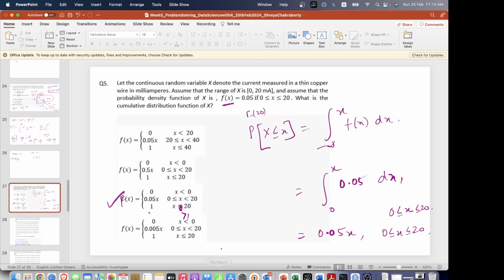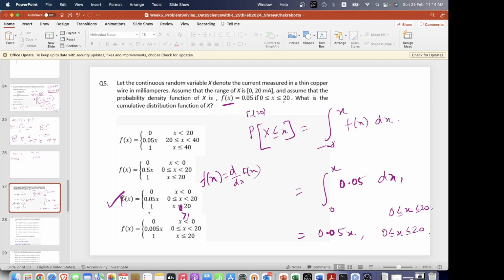And also one more workaround is that fx is d/dx of capital Fx. So that thing is also satisfied here if you see the other way around. So when x is between 0 to 20, Fx can be written as 0.05 into x. So d/dx of that would be 0.05, as is represented here.